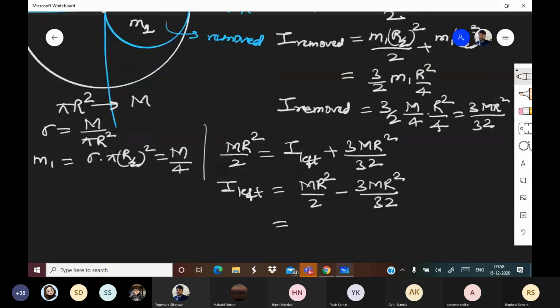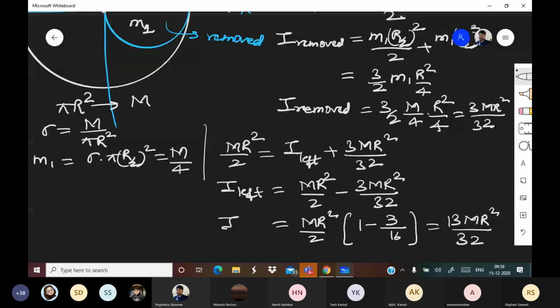Okay. So that comes out to be MR square by 2 into (1 minus 3 upon 16). Okay, I have taken 2 common outside. So that will be 16 minus 3 is 13 by 16. So 13 MR square upon 32 is I left. Please check the calculation, everyone, and see whether it is correct or not.